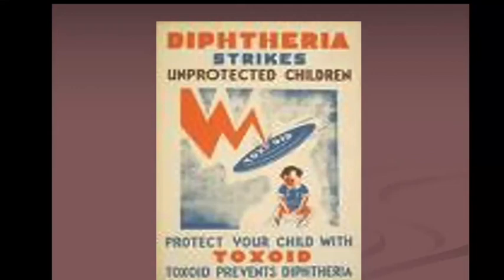That DPT is in the pentavalent form, so it is with Haemophilus influenzae B and hepatitis B. In that schedule it comes as a pentavalent diphtheria, pertussis, and tetanus vaccine along with hepatitis B and Hib. So that is there in the national immunization schedule.